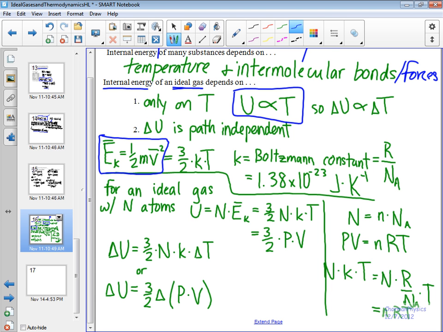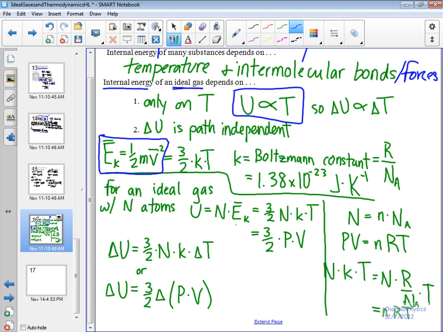So k in this equation is the Boltzmann constant. What the Boltzmann constant is equal to is the universal gas constant divided by Avogadro's number. This is something that arises again in different calculations for a concept known as entropy, something that we're not going to get into. But what is important is taking these definitions and substituting them into our definition for internal energy.